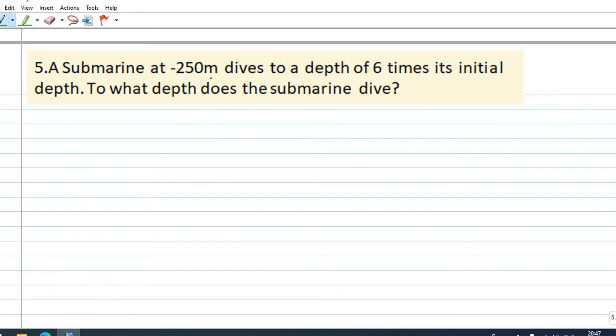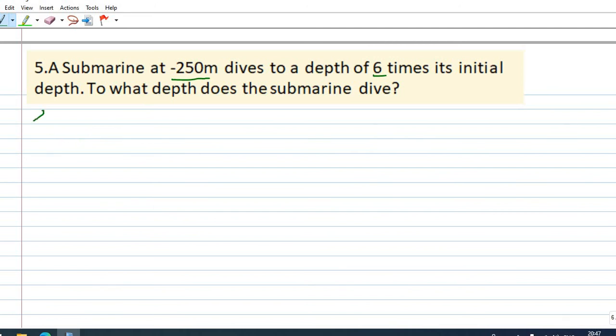Minus 250 meter. And I am going to find out for 6 times. 6 times is what? I am going to multiply. 6 times means what I have to do? I am going to multiply. Can you clear this?